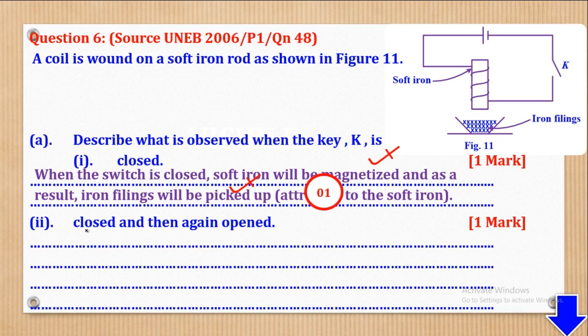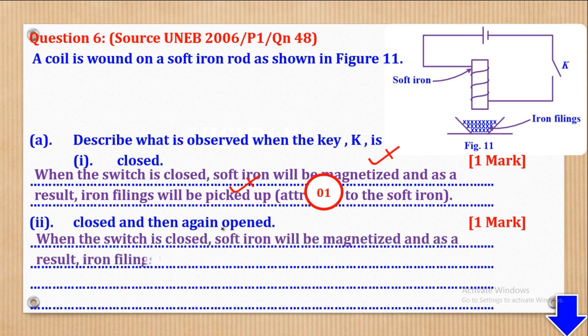Now we shall go to Roman 2. Roman 2 says describe what is observed when the key K is closed and then again opened. So when the switch is closed, the soft iron will be magnetized and the iron filings will be picked up as we saw in Roman 1.